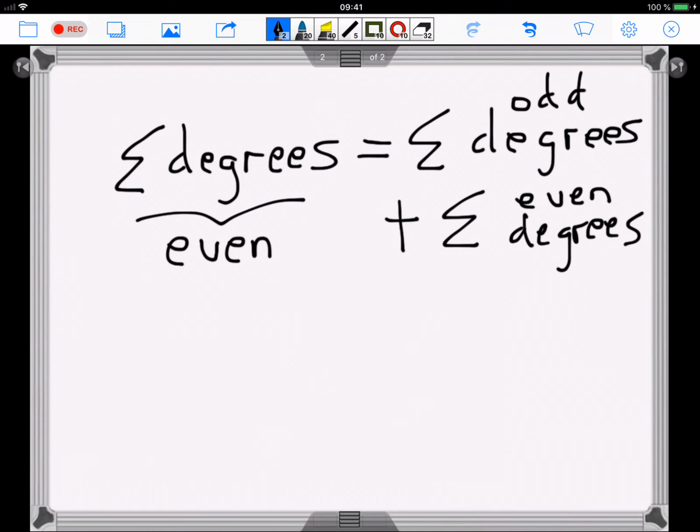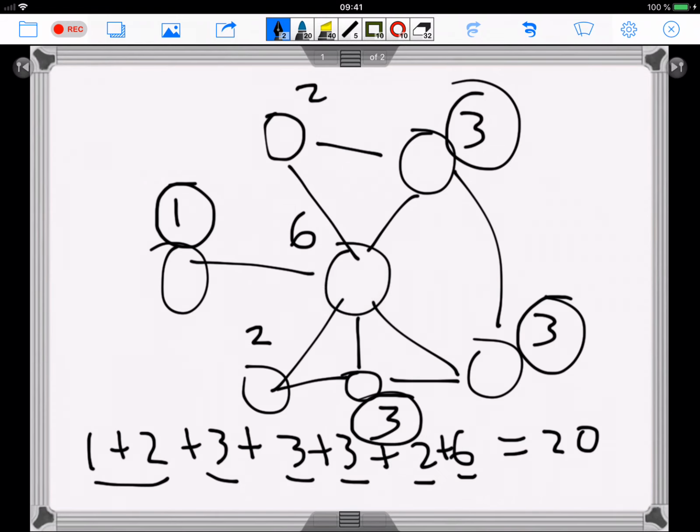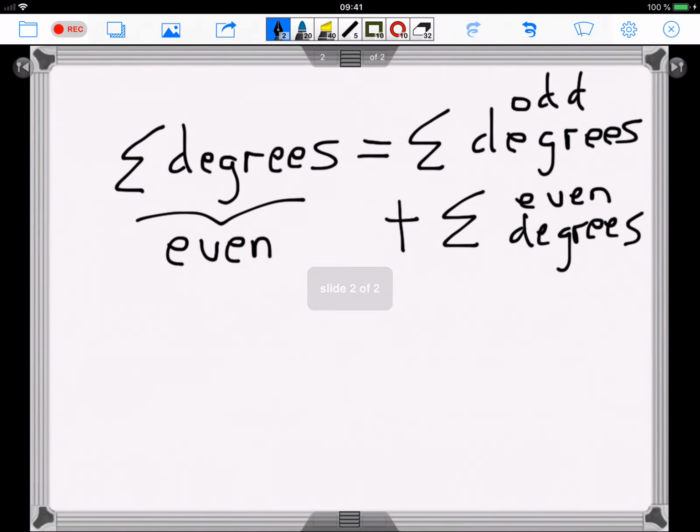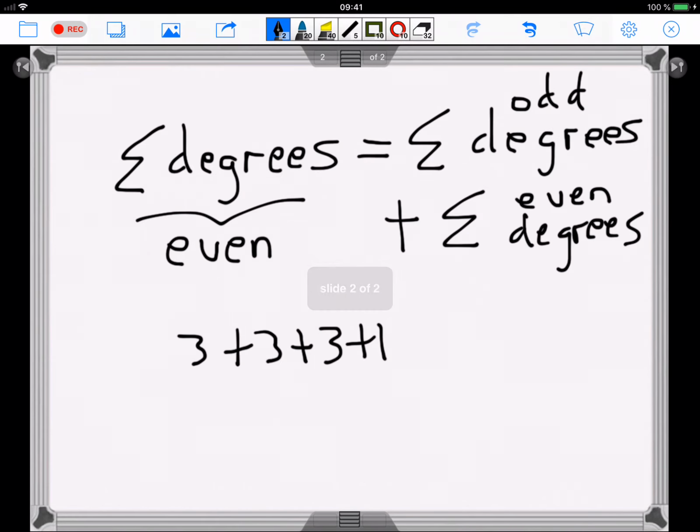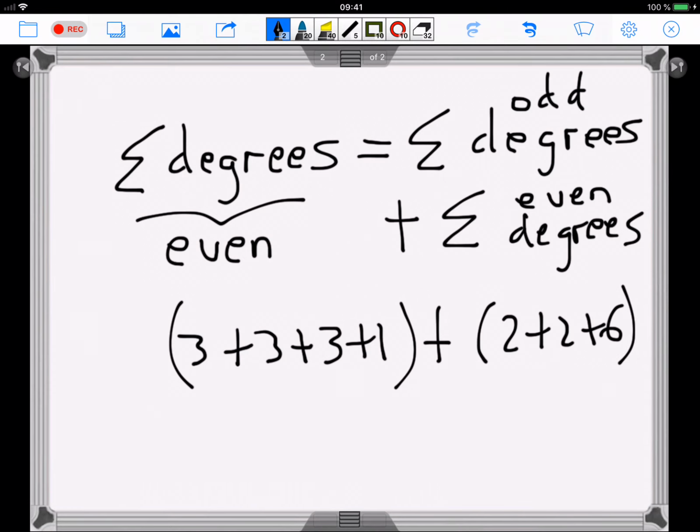Okay, so we can decompose the sum of all the degrees into those degrees that are odd and those degrees that are even. In the previous case, for instance, the odd degrees are 3 plus 3 plus 3 plus 1, while the even degrees are 2, 2, and 6. Okay, so this would be one part of the sum, and this would be the other part of the sum.